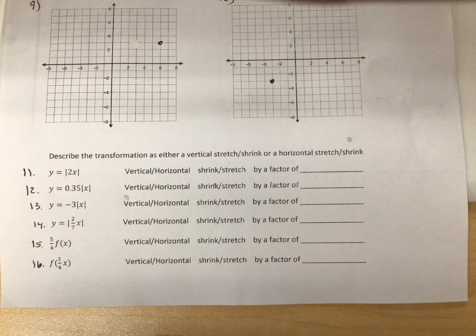Okay. Number 11, y equals the absolute value of 2x. Is my transformation inside or outside of the function? Inside. Inside is vertical or horizontal? Horizontal, so we're going to circle horizontal.